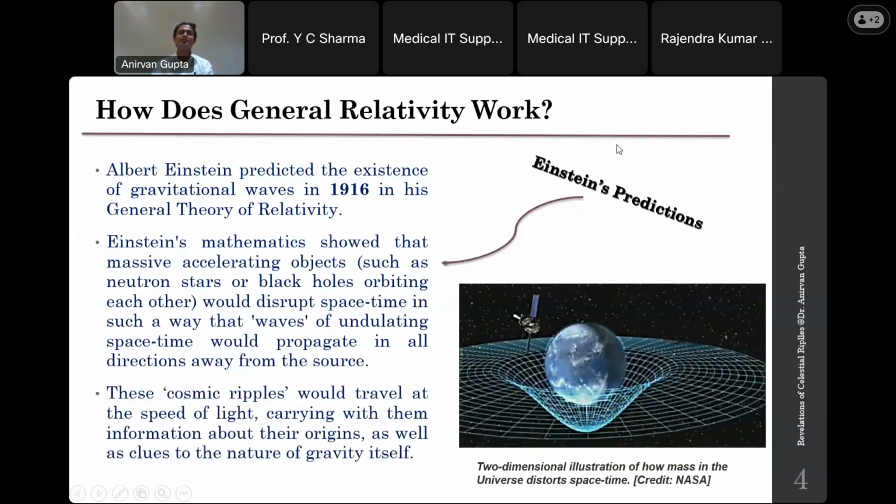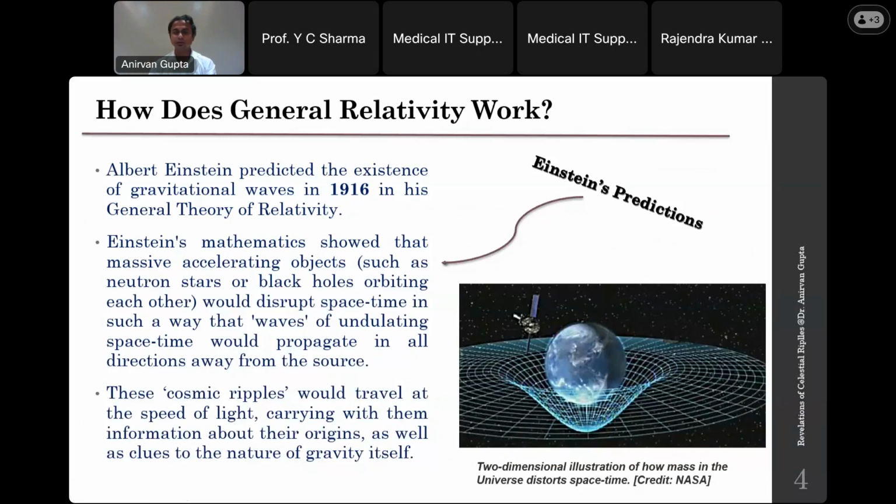How does general relativity work? Albert Einstein in 1916 mathematically showed that massive accelerating objects, for example black holes, would disrupt space-time in such a way that waves of undulating space-time would propagate in all directions away from the source.